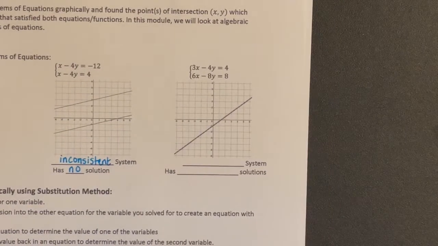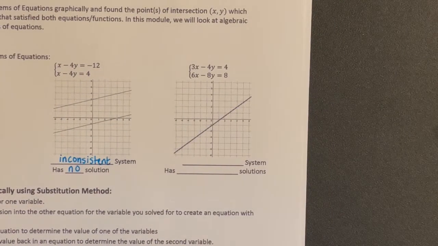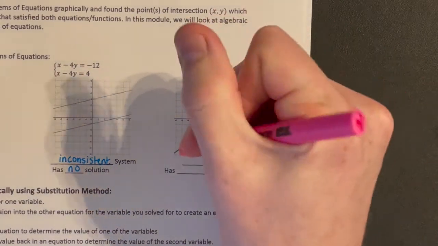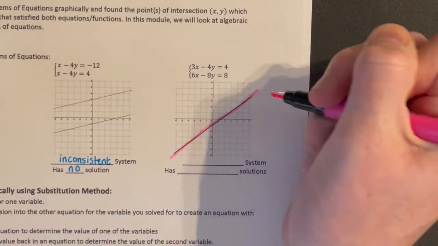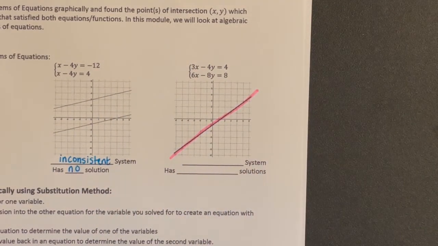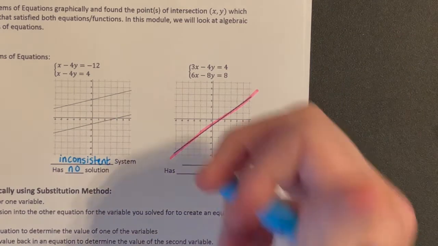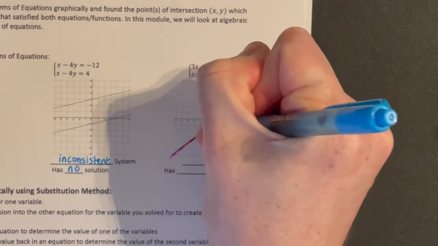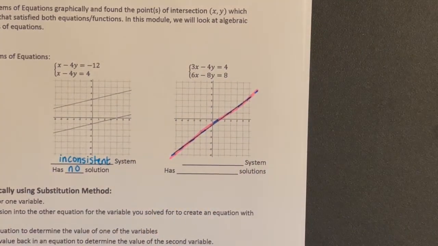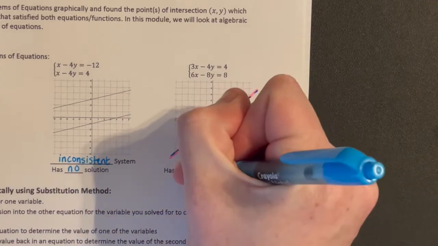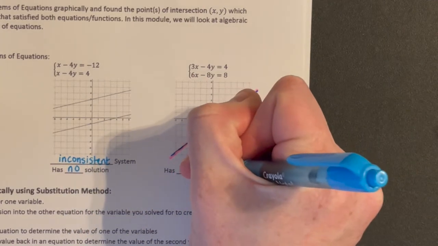And in the third graph, it's a little bit harder to see with this picture. I didn't print it in color, but we have one line that was in red and then another line that's dotted and it was in blue. So those two things are on top of each other. And what that's just representing is that those two equations actually are the same and they'll have infinitely many solutions.